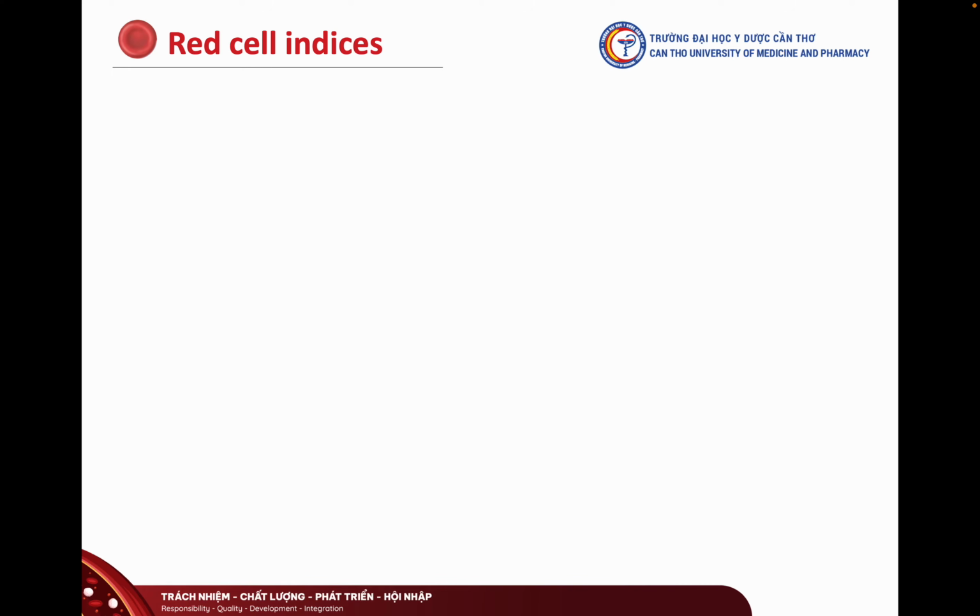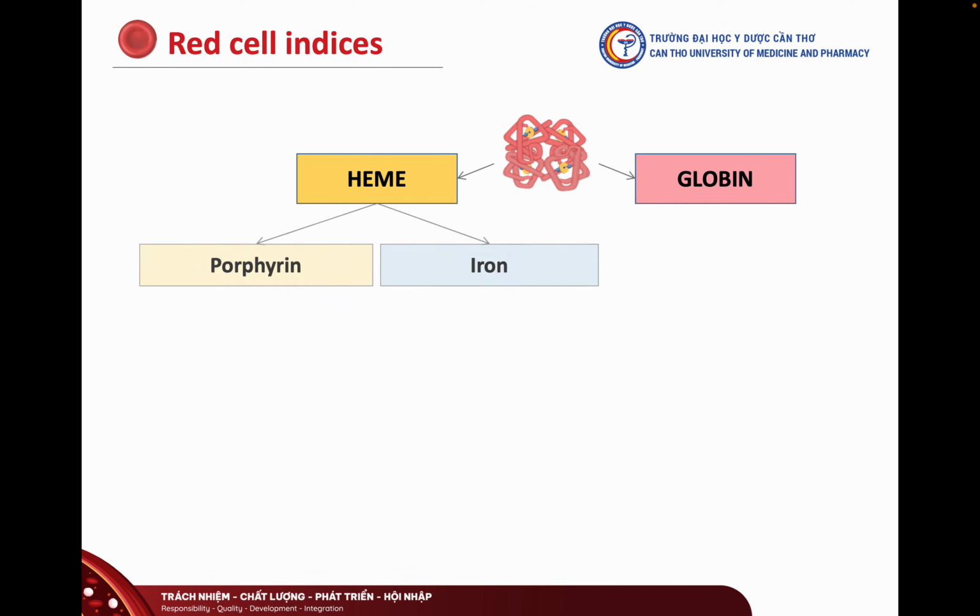When we talk about microcytic hypochromic anemia, we need to go back to hemoglobin synthesis. The volume of the red blood cell is closely related to the amount of hemoglobin it contains. Hemoglobin is made of two key components: heme, which is formed from iron and porphyrin, and globin, which is made up of protein chains, mainly alpha and beta.